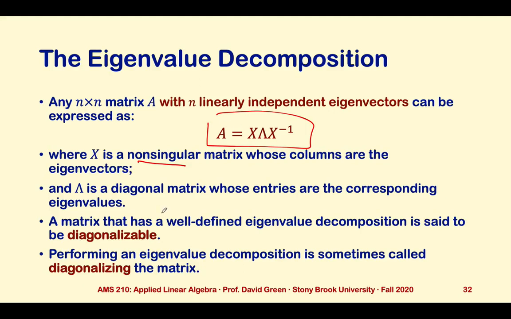Why do we use that term? Because lambda is a diagonal matrix, we can express A in terms of a diagonal matrix like this. Because of this, you'll come across the term diagonalizing a matrix, which means the same thing as performing an eigenvalue decomposition. Just a couple of terms here, nothing different in terms of the method that we use.